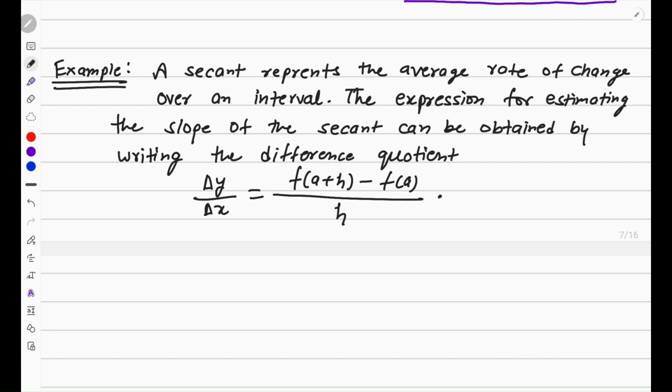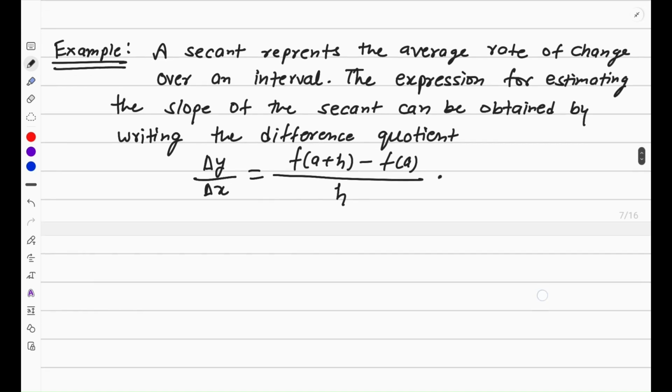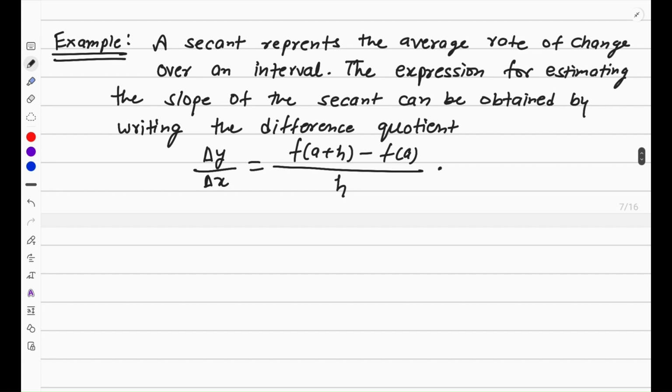Okay, this is the statement which is given, that a secant represents the average rate of change over an interval, and the expression for estimating the slope of a secant can be obtained by writing the difference quotient. So this is the slope value.